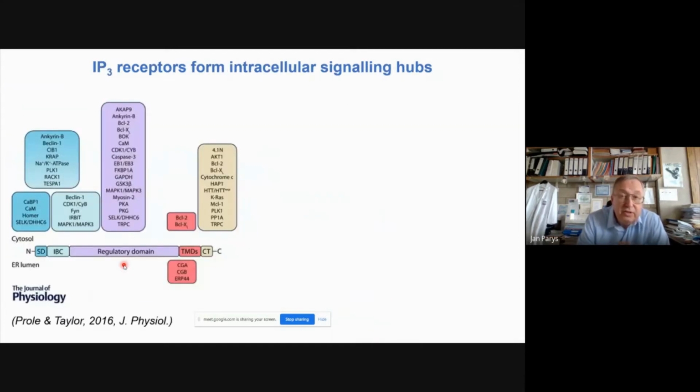Now, there is one dimension of the IP3 receptor which is really important, I think, and that is that the IP3 receptors can form signaling hubs in the cell. This is taken from an excellent review on the IP3 receptor and its regulatory proteins from Colin Taylor, where you see the linearized IP3 receptor with the various domains of the IP3 receptor, and here in the same color, all kinds of associated proteins that can interact with exactly those domains.